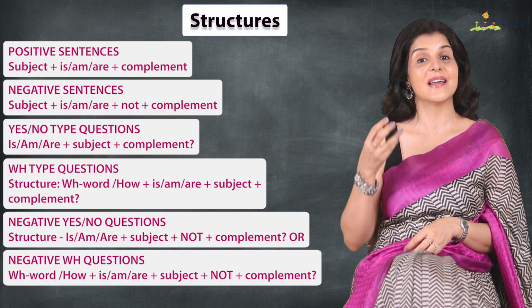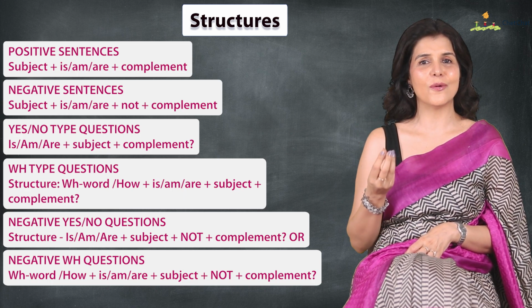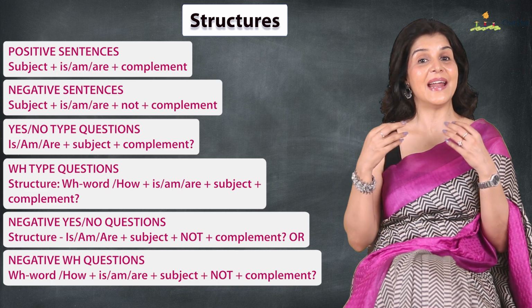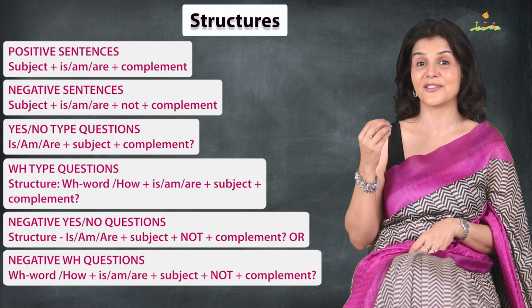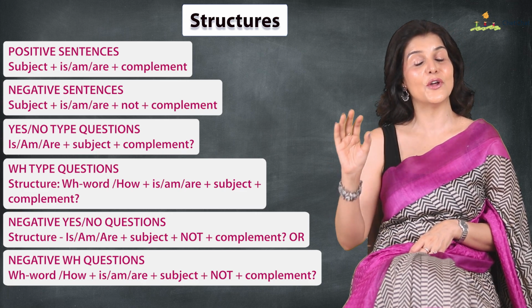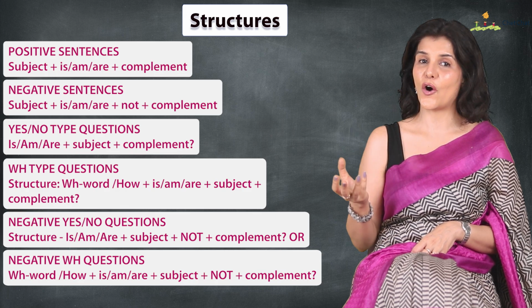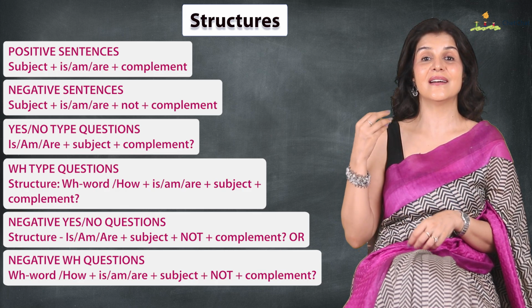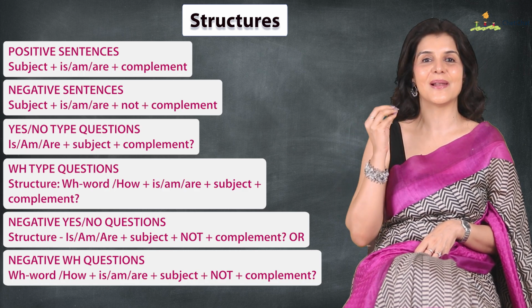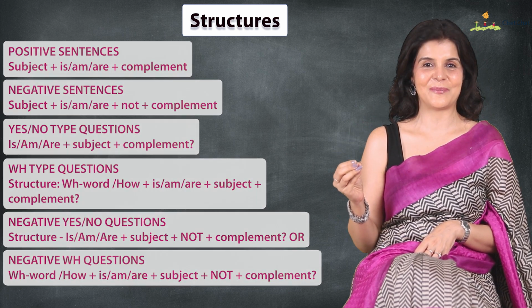WH type questions, WH word or how plus is-am-are plus subject plus complement. And negative yes-no questions have a structure of is-am-are plus subject plus not plus complement, or the WH questions are WH word or how plus is-am-are plus subject plus not plus complement.